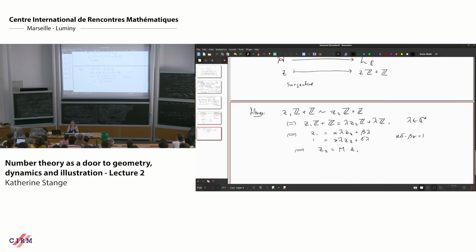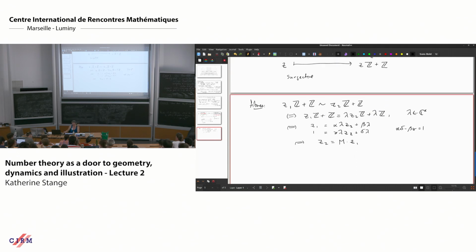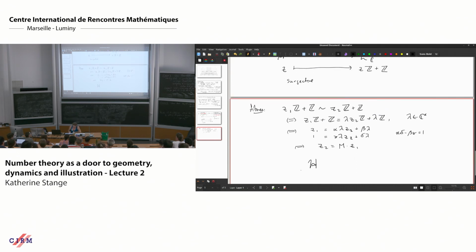So this just tells you that what we're doing is we're quotienting out by the action of SL2. So that tells us that H quotiented out by this action is actually in bijection with lattices. And explicitly, it's that map. Okay, so that's just going to be useful for later.